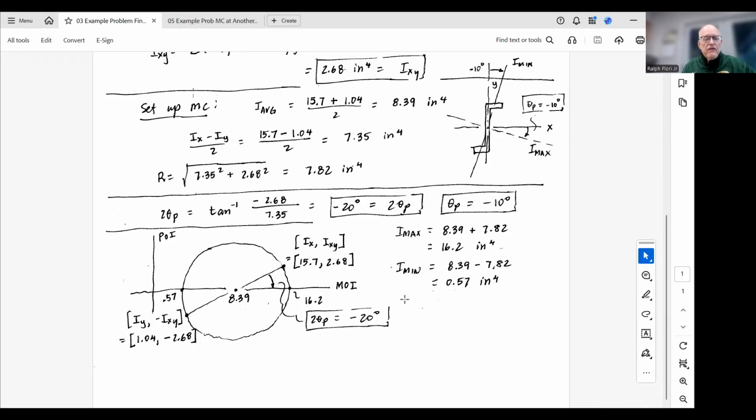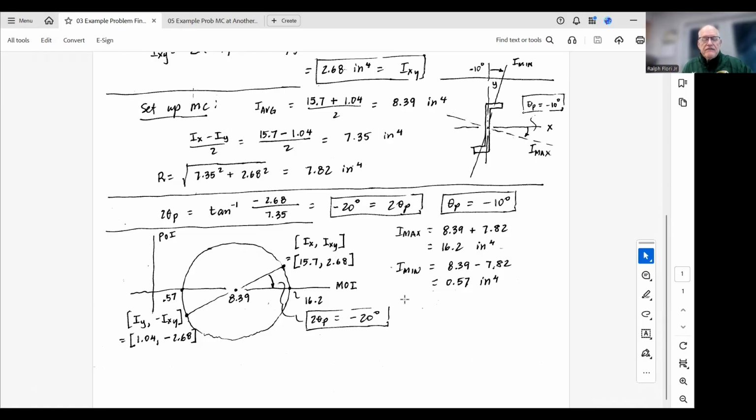So this is a valuable use of Mohr circle to find theta p, to find Imax and Imin. And I like Mohr circle for this. It's pretty straightforward. In the next example, we're going to set up Mohr circle and then find IU and IV at some arbitrary rotated angle.